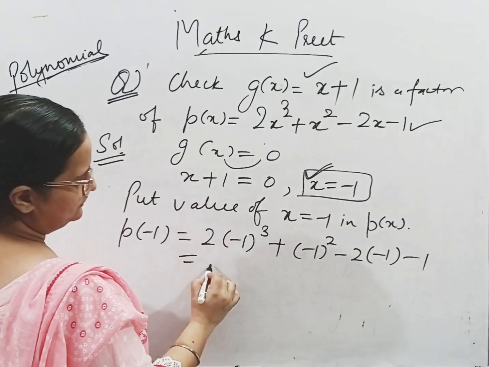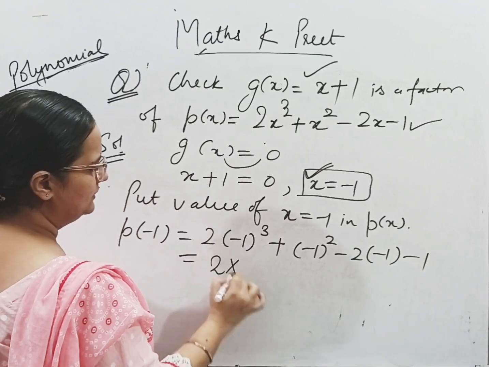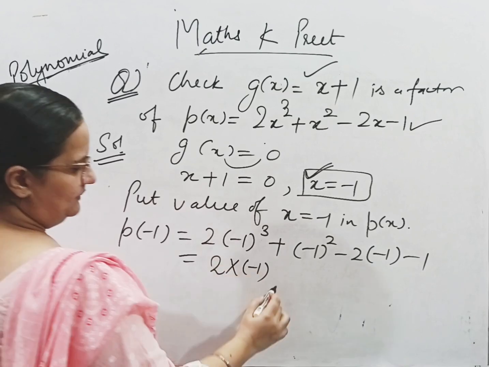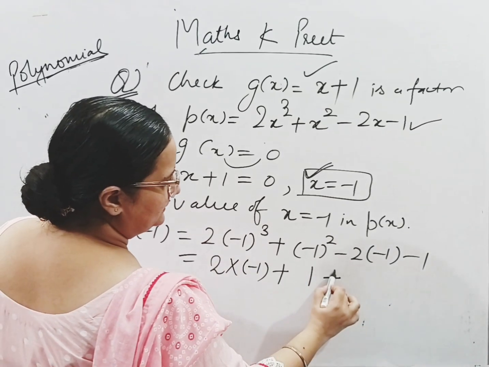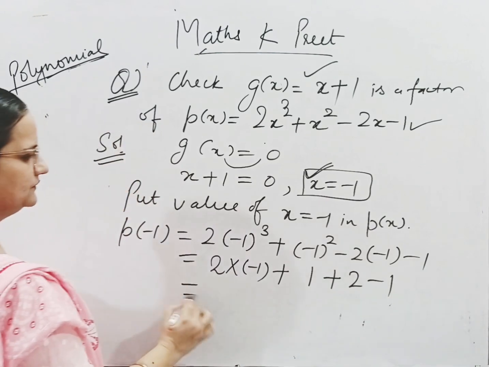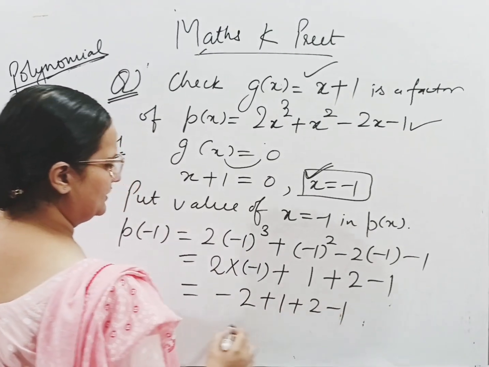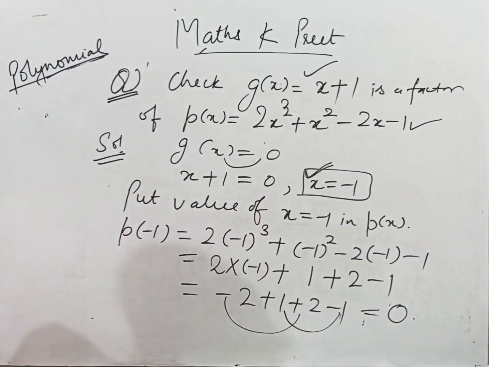Let me write it for you. This will be equal to minus 1, minus 1 three times gives us minus 1. This is plus 1, minus 1 is plus 1. This is plus 2 and minus 1. So this is minus 2 plus 1 plus 2 minus 1. Clearly we can cancel these terms and we get the result, which is 0.